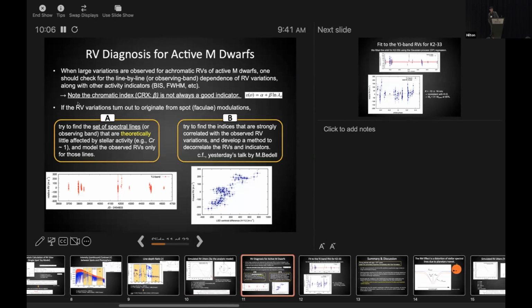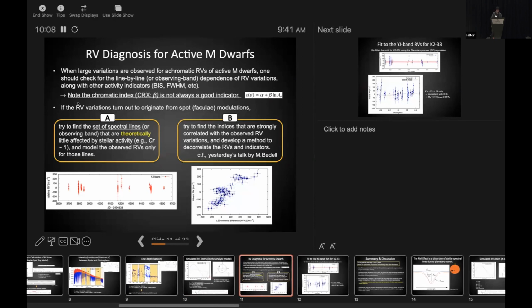So what can we learn from this fact? Basically, when large LV variations, LV jitter, are observed for very active M dwarfs, one should check for the line-by-line dependence of LV variations along with other activity indicators such as BIS or FWHM.